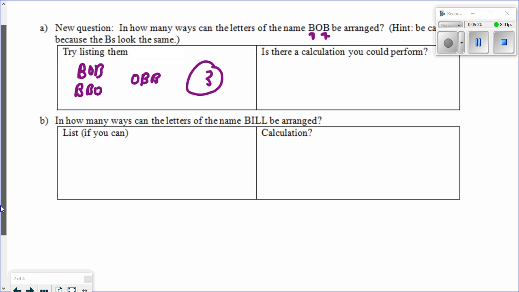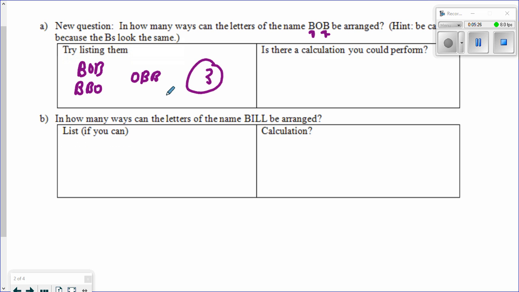What if we had the name Bill? Don't worry about the calculation part yet, unless you've figured it out, but probably not yet. So try doing Bill if you can. I have to look at my sheet because I know I'll miss one. You can pause this and try it yourself.